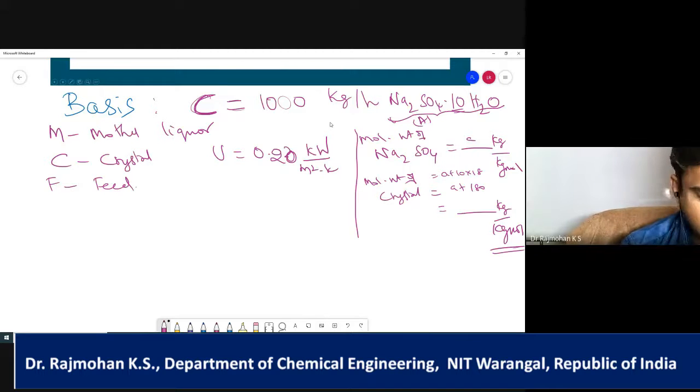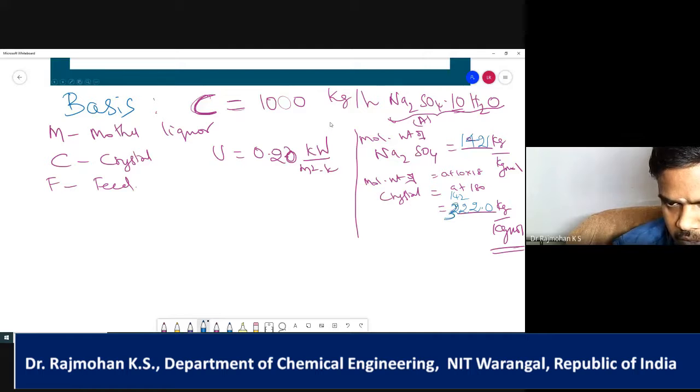So the molecular weight you can determine. What is the molecular weight of Na2SO4? It is 142. Please cross check. So 142 plus 180 is 322.